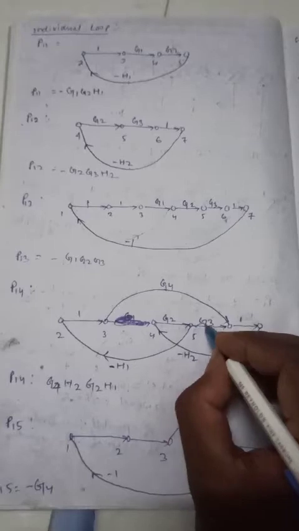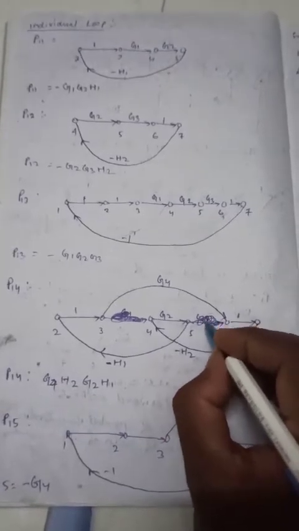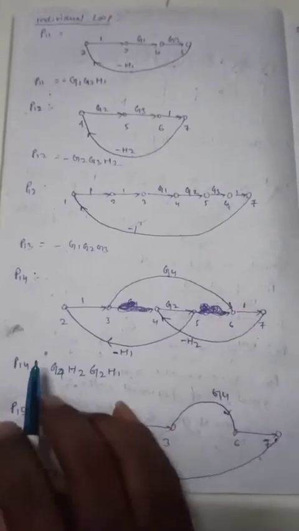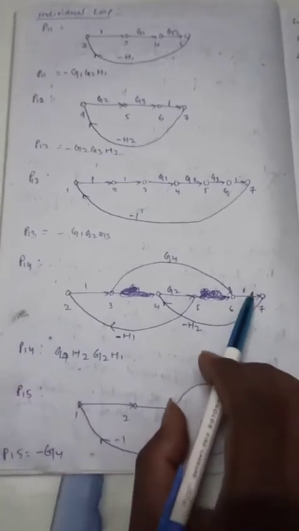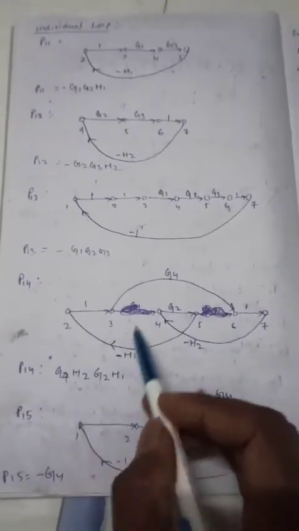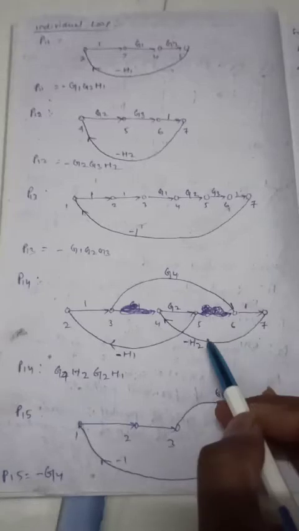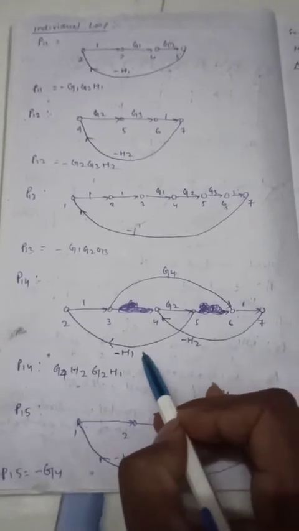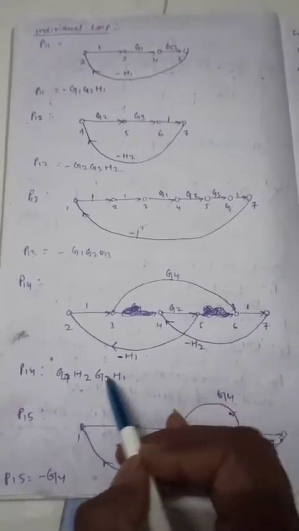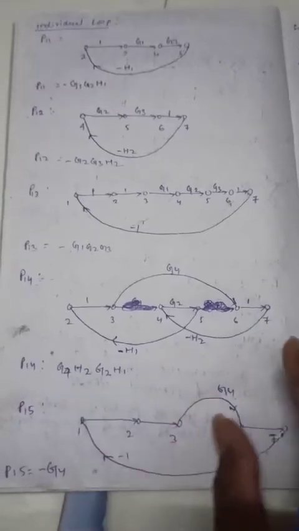So it makes one closed, individual loop. The product of this loop is G4 into minus S2 into minus H1 into G2. So minus minus plus, G4 S2 G2 H1.